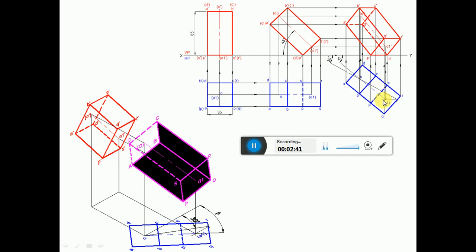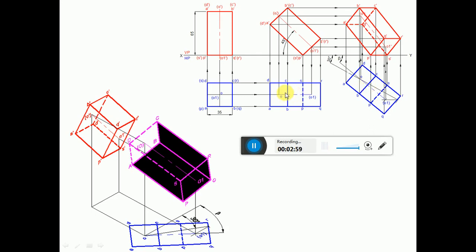Now you transfer these points. By using the compass you measure the distance from O to this point. Then transfer that point from O onto this OO1 line.